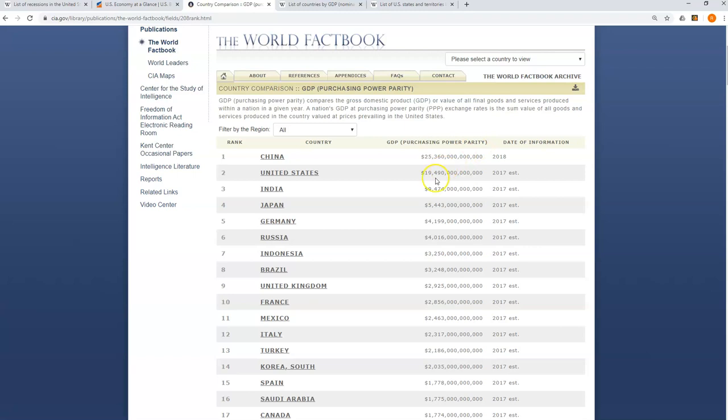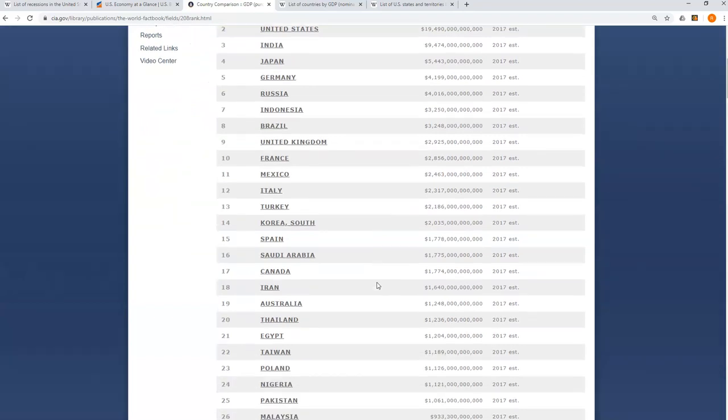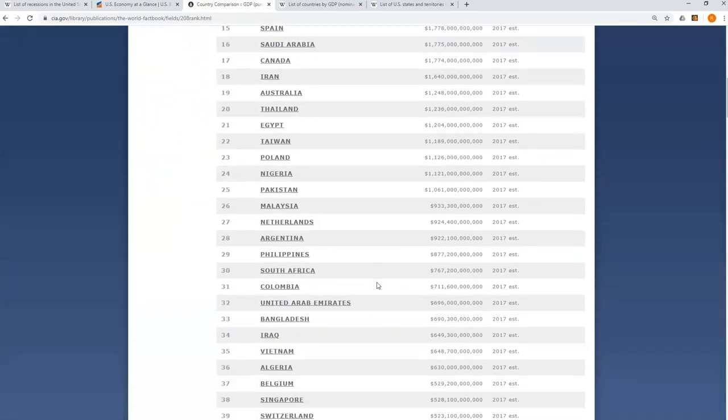So GDP purchasing power parity is a metric that tells you how much can you buy in that particular country with that GDP. Now, this of course uses a weight in order to turn those numbers differently. But again, if you were to use this metric of purchasing power parity, this will be the list of the size of countries.